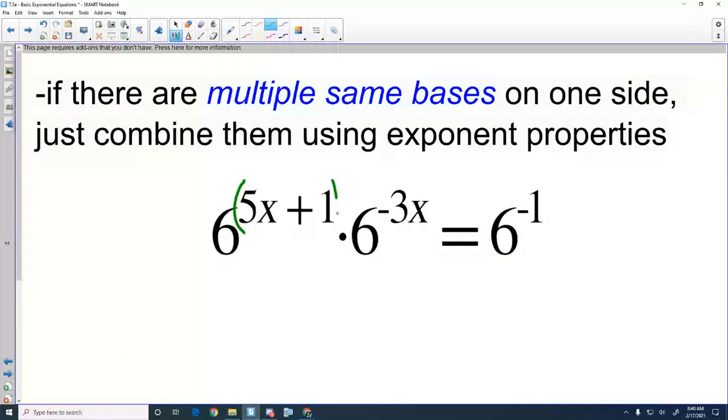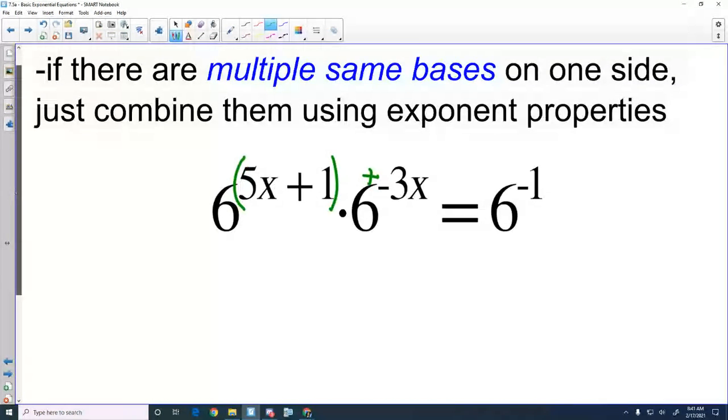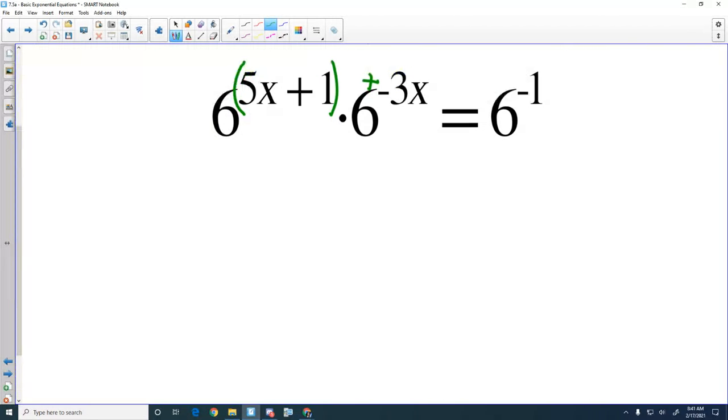So I'm going to take this 5x plus 1 and add the negative 3x to make a new exponent. So it's going to be 6 to the 5x plus 1 plus this negative 3x equals 6 to the negative 1.